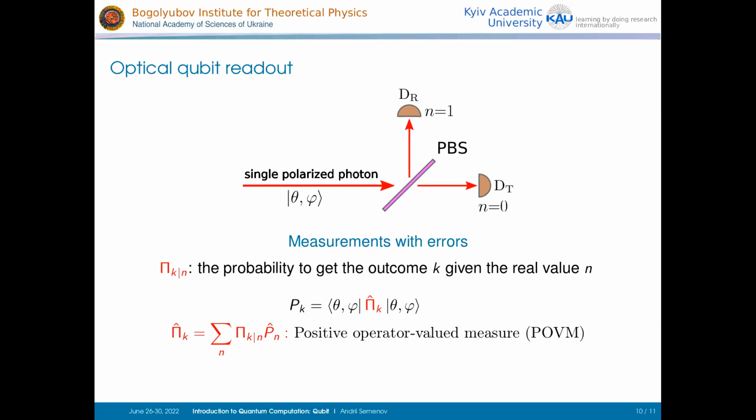But this is not the essence of this lecture. What you should understand is that in the most general form the world is imperfect, and imperfection of measurements is sometimes important. Another important issue is imperfection of states, but this will be considered a bit later.